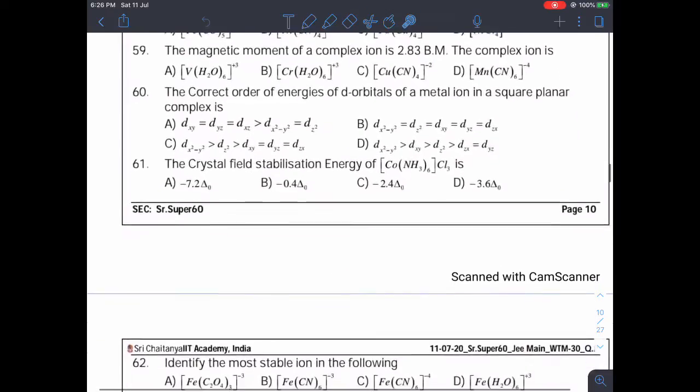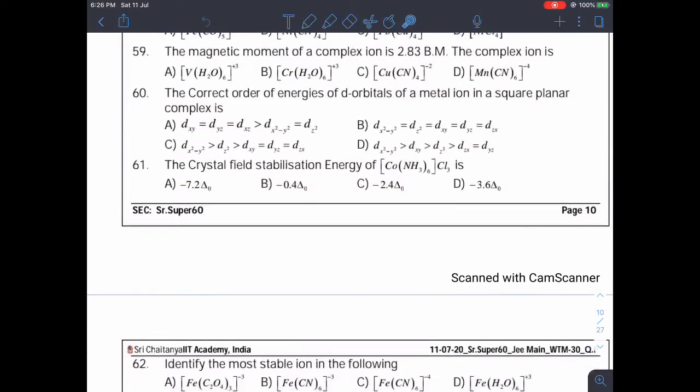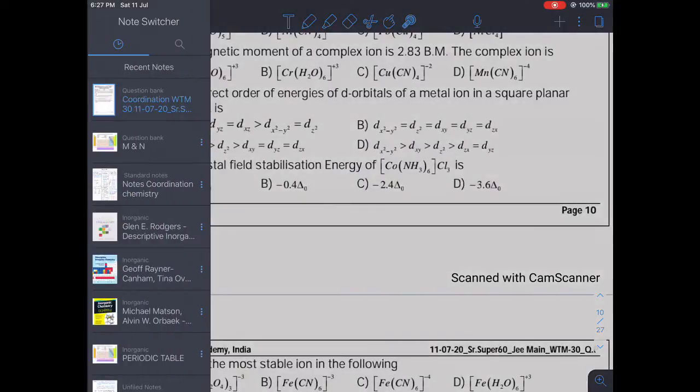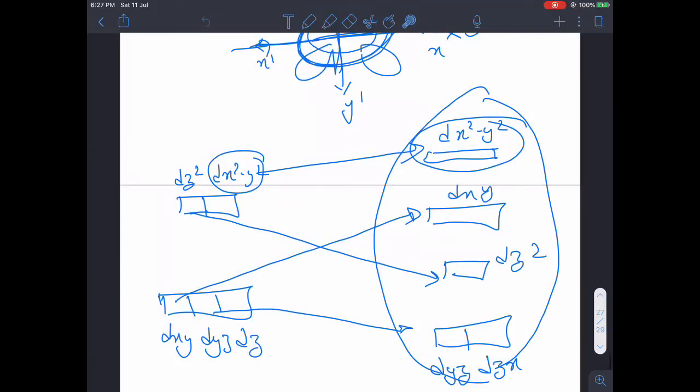Now moving to question number 61. The crystal field stabilization energy for this is... Now this is a very unique example. Why? Because when you talk about the cobalt ammonia complex, cobalt is present in +3, and because of the oxidation number of cobalt, the splitting energy increases a bit.